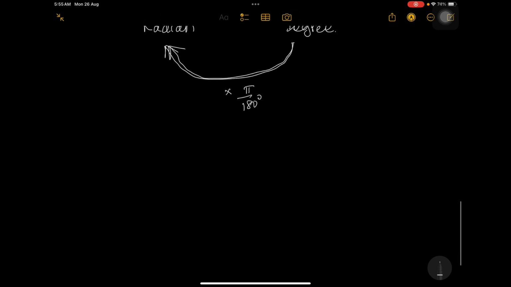So let's find an example converting radian to degree. So pi by 2 means what is the degree?